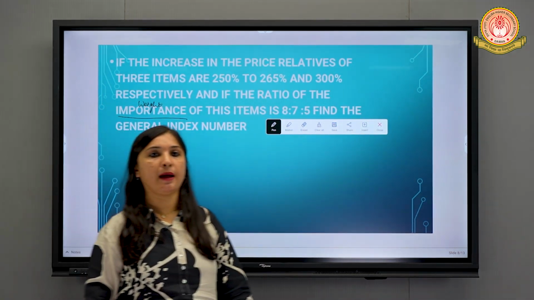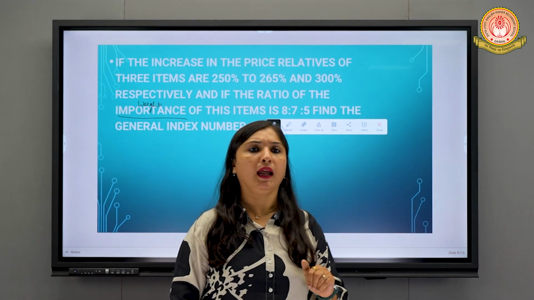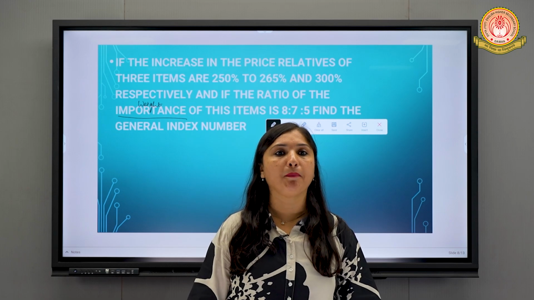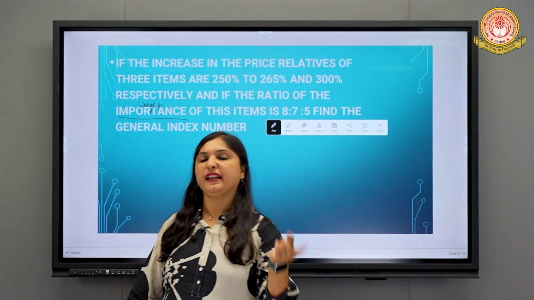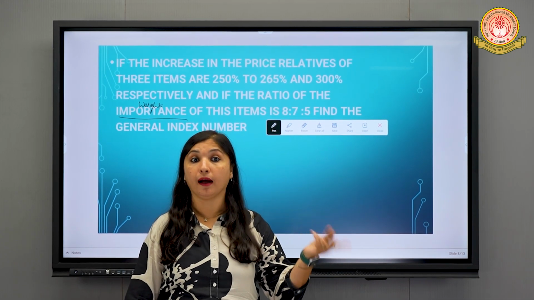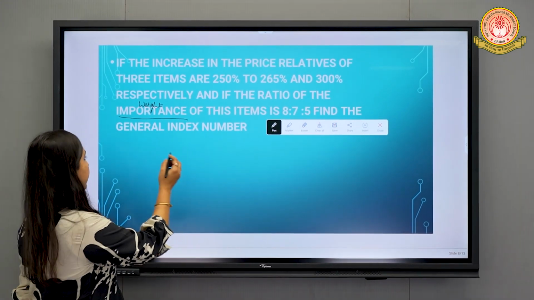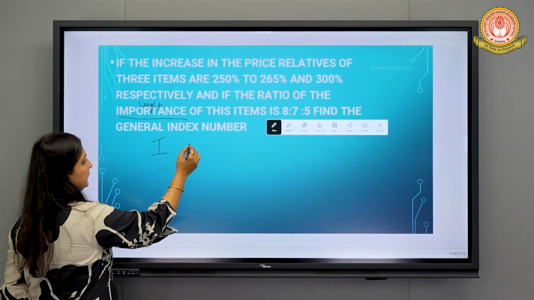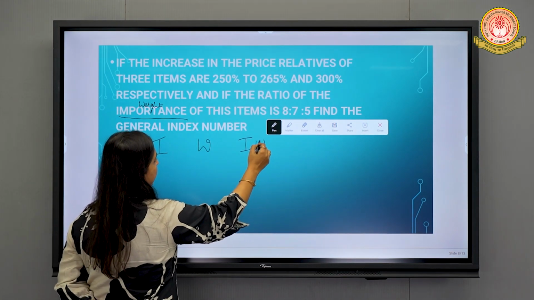And in this whole chapter we have learned only one weighted average formula, and that formula was sigma IW by sigma W. For calculating sigma IW, I want W, and then I will calculate IW. So first I need I, then I need W, then I will be calculating IW.